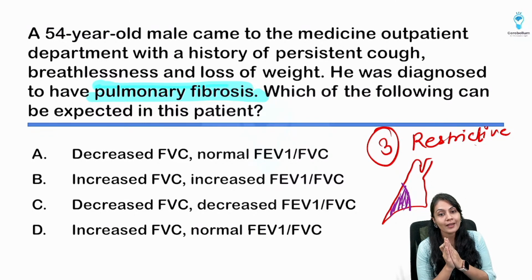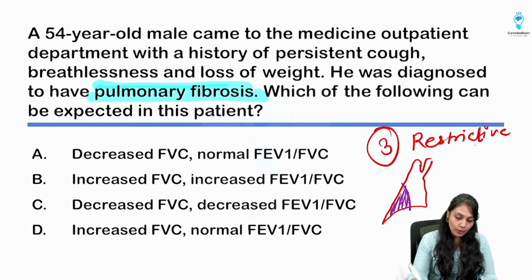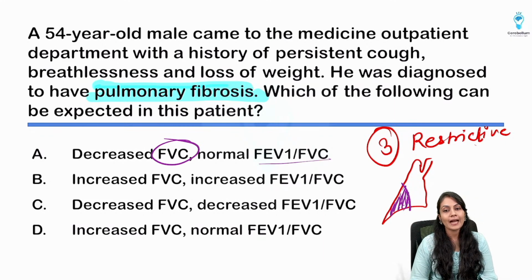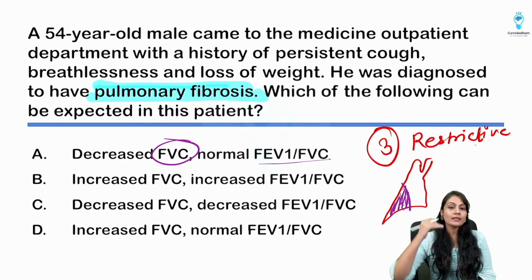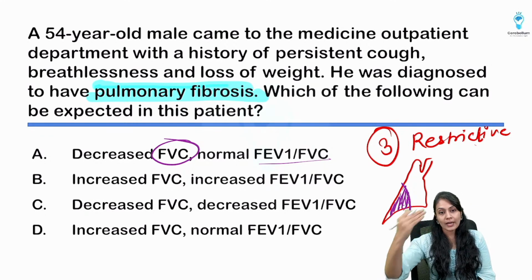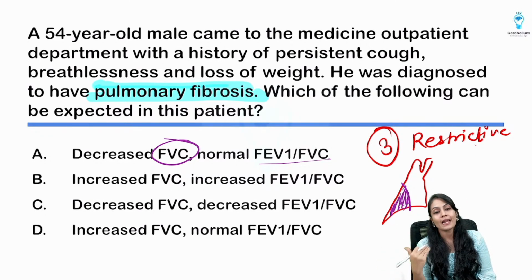There is no obstruction in the airways per se. What is going to happen in the expected patient? Is it going to be the FVC which is going to decrease, and normal FEV1 and FVC? That's true. In the first case, this is going to happen, but understand that either the FEV1 or FVC is going to decrease, or both can be decreased.